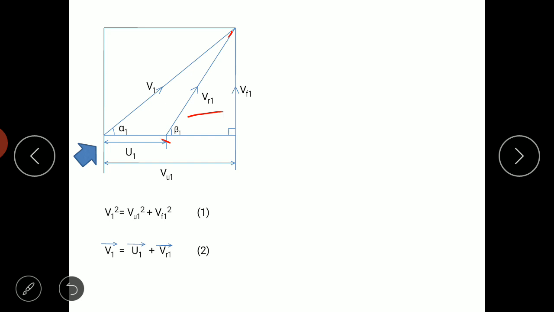We can understand it from another view also, but to understand this, imagine there are two vehicles, like two buses. Bus A is moving at 40 meters per second, and bus B at 20 meters per second.